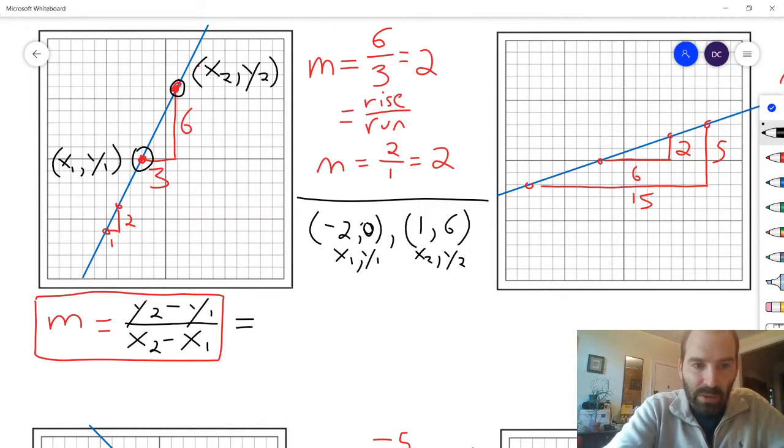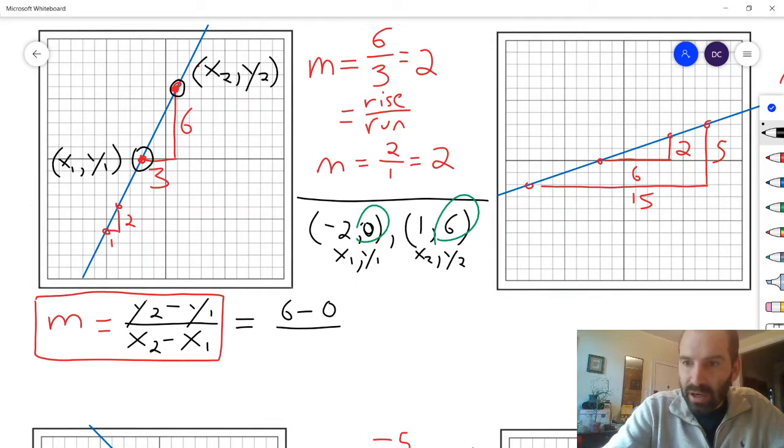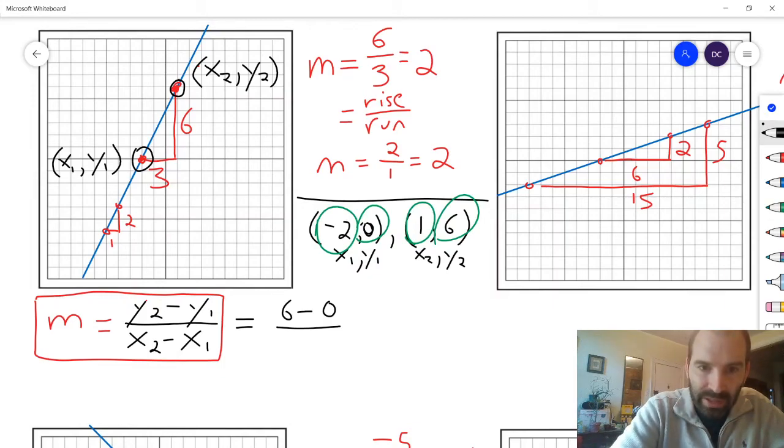So if I do y2 minus y1, I'm going to take 6 minus 0. Right? That's my y2 minus y1. And then I'll do x2 minus x1 in the denominator. So that's 1 minus negative 2.